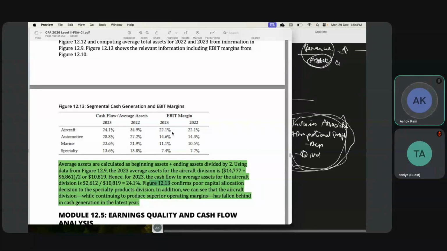Okay, and it is given only an EBIT margin of 7 point. It is decreasing. Rest all are stagnant. Okay. While continuing to produce superior operating margin, it has fallen behind. Okay, this is about aircraft. So aircraft is giving better margin. Okay.